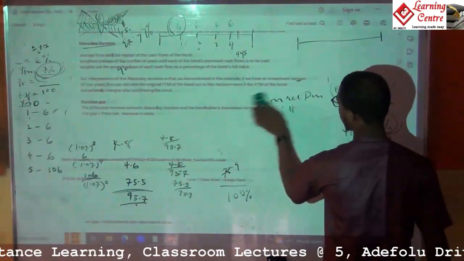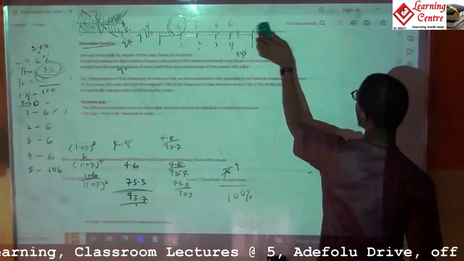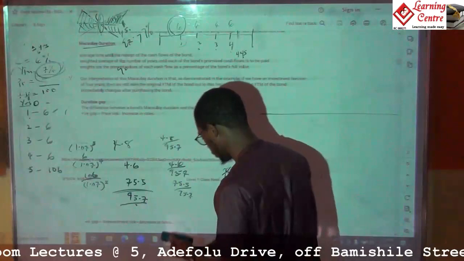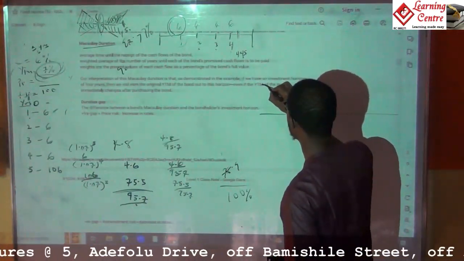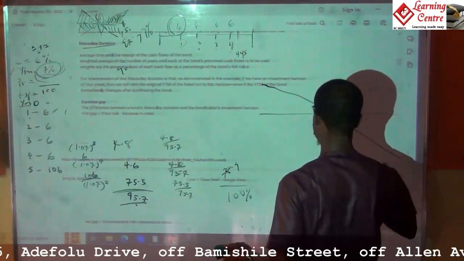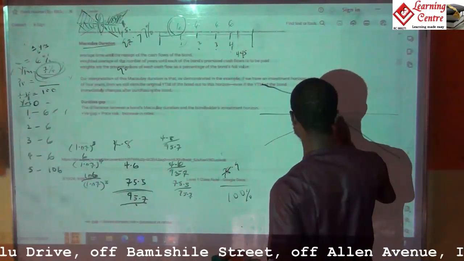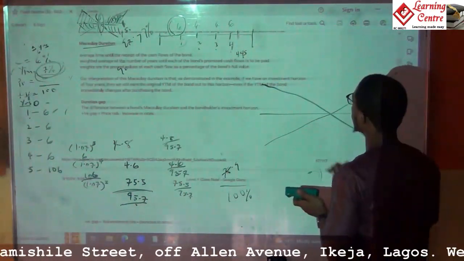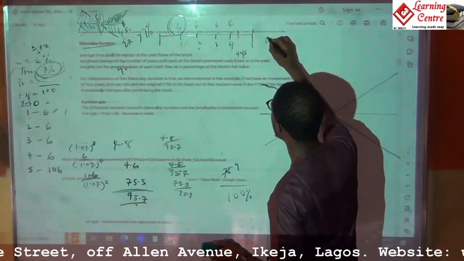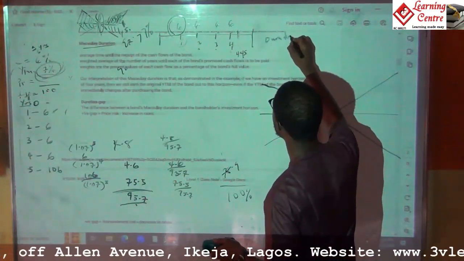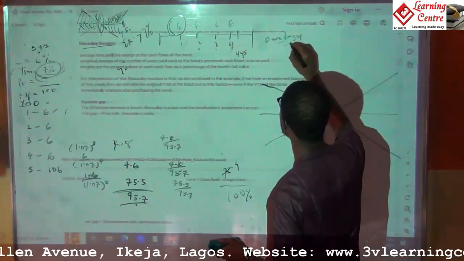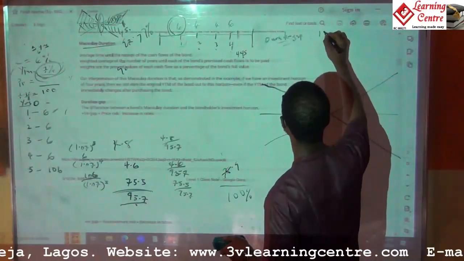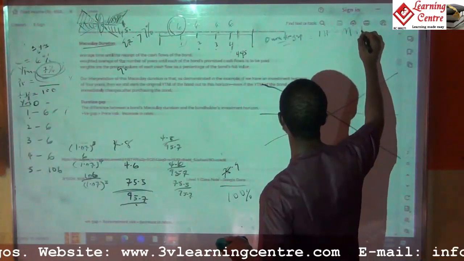So let us draw it in a better way. Duration gap equals your Macaulay duration minus your investment horizon.